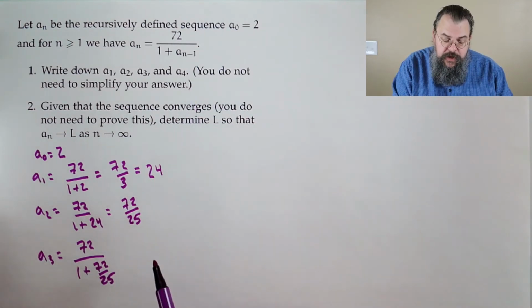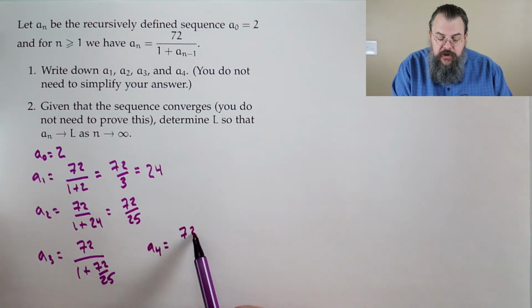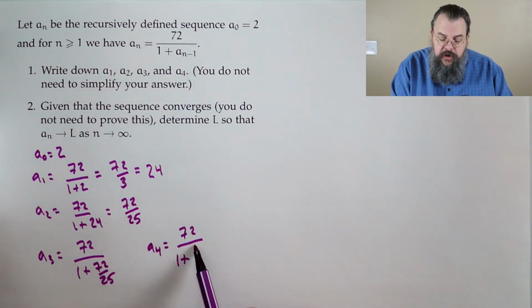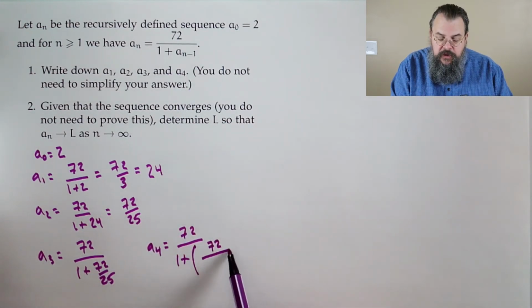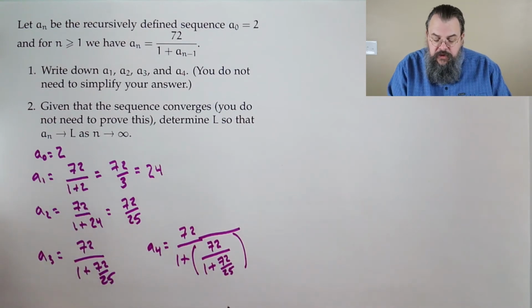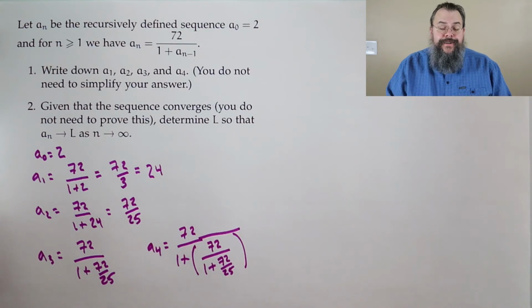And then what is a_4? So a_4 would be 72 over 1 plus the previous term. Okay, which is 72 over 1 plus 72 25ths. Okay, so there we go. a_1, a_2, a_3, a_4. And you can see, oh, it's getting pretty messy there. Uh-oh.